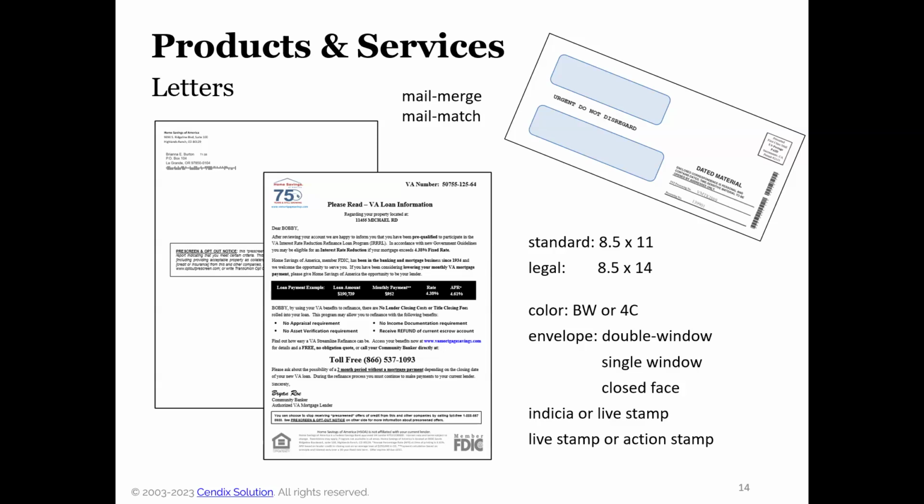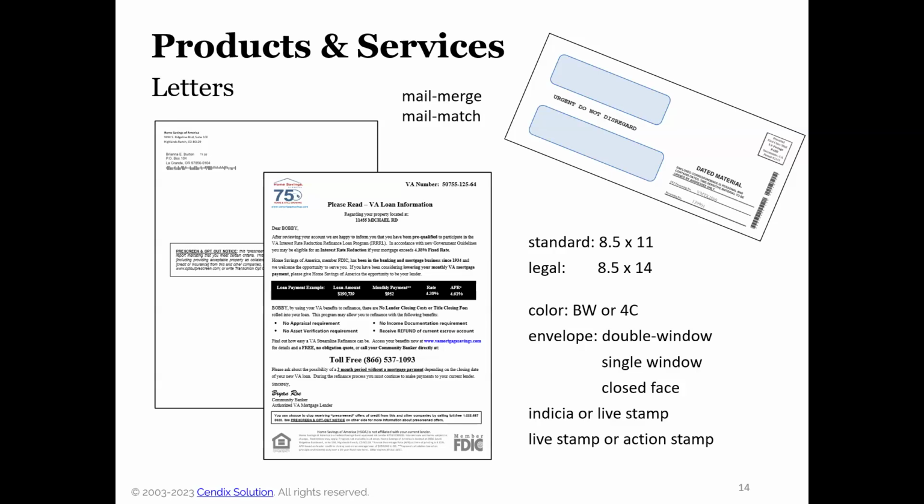A mail match is when we have a personalized letter like this, but we don't use a double window. Maybe we use a closed-faced envelope where we have to print information on the outside. In that case, we have to make sure the envelope on the outside matches the contents on the inside. So that step is called a mail match. There is additional time and effort required for a mail match, so it does cost a little bit extra.